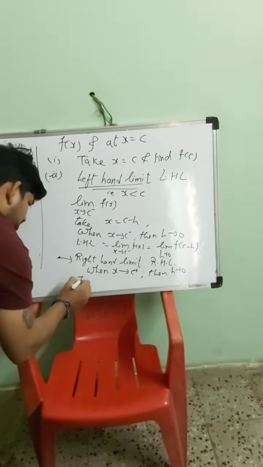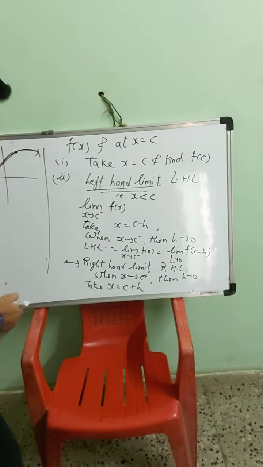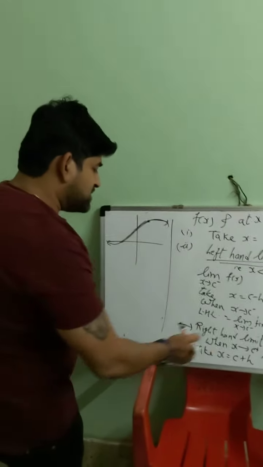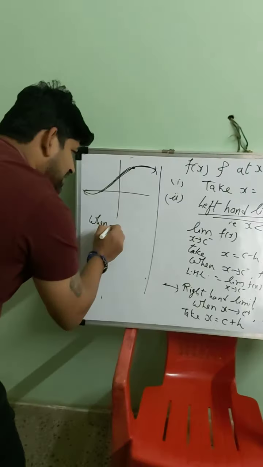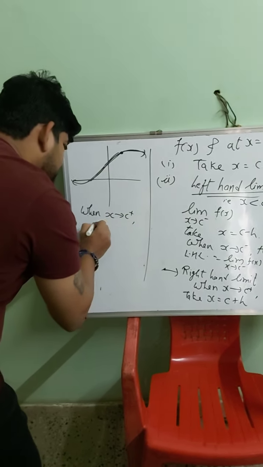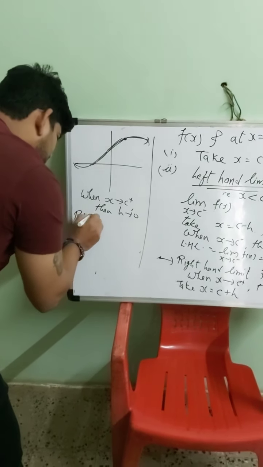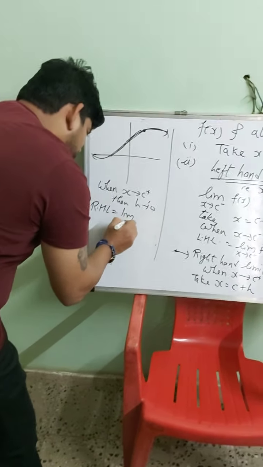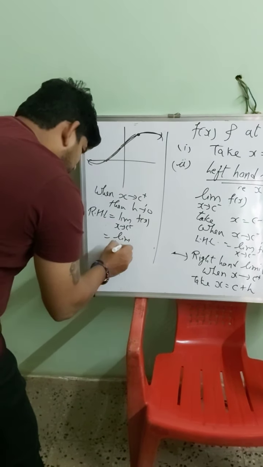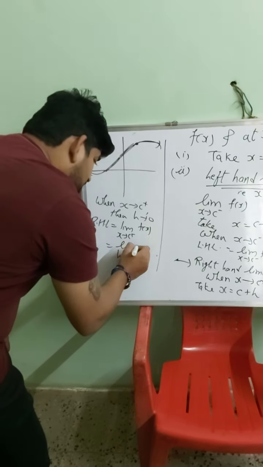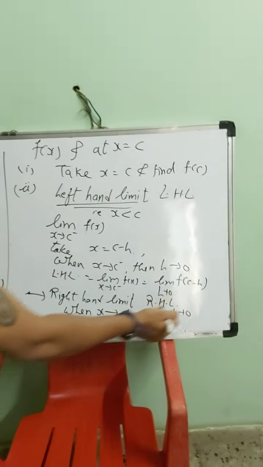That means you have to take x equals c plus h. If you take x equals c plus h, then when x tends to c plus, h tends to 0. So your RHL will be equal to limit x tends to c plus f at x, which will be equal to limit h tends to 0 f of c plus h.